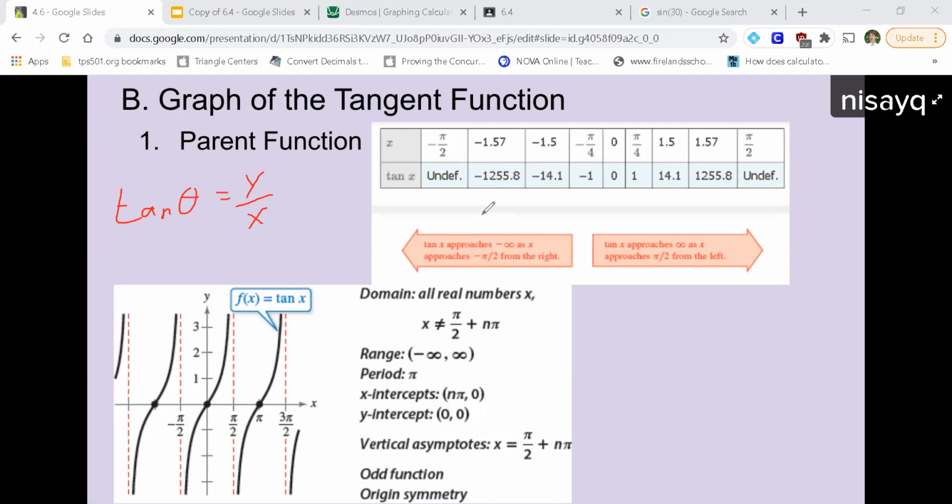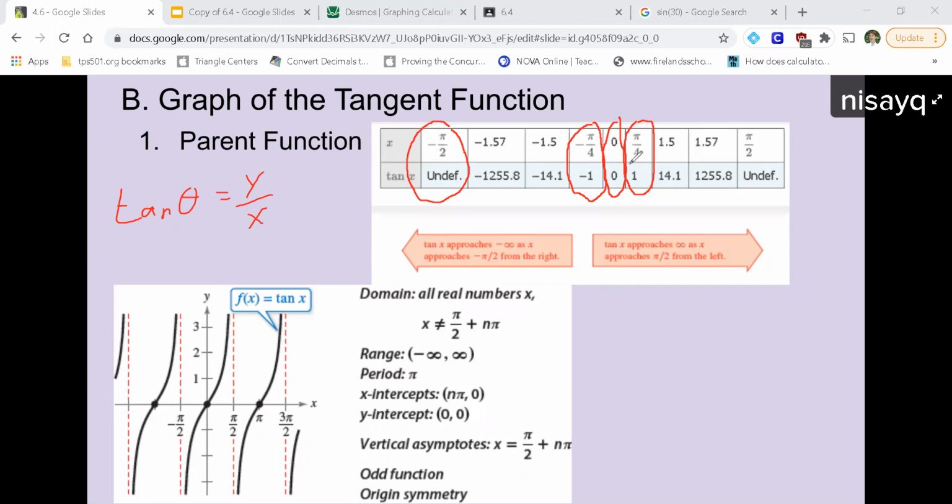And so for the other 2, we're going to use this negative pi over 4 value and this positive pi over 4 value, because those have a nice y value to go with them. At negative pi over 4, y and x are the same value, so you get -1.